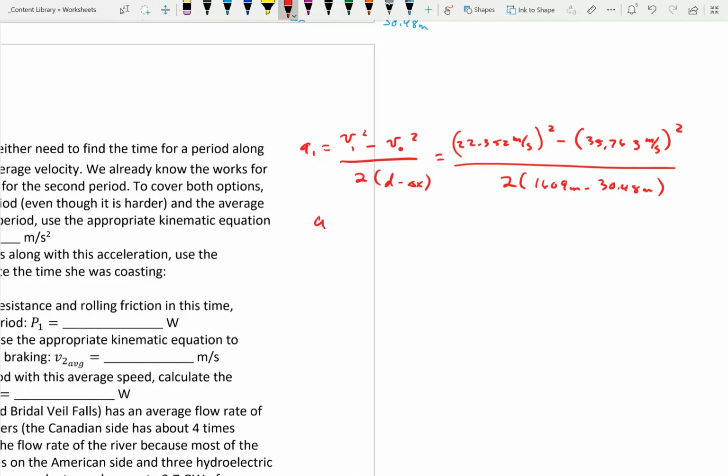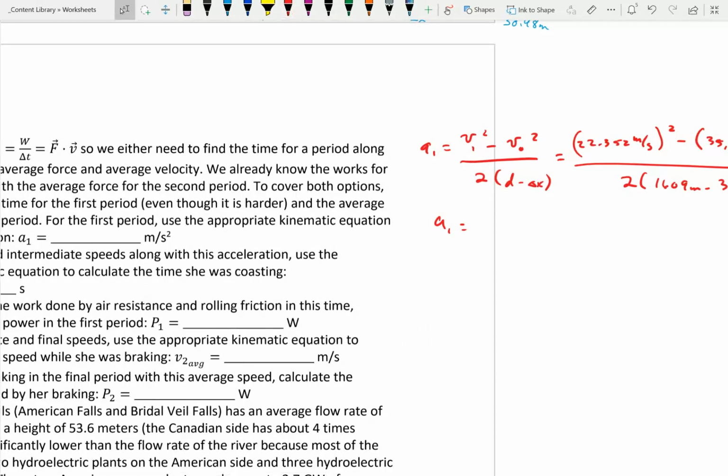And that gives me A1 equals, I was making sure my calculation was correct here, minus 0.2469 meters per second squared.